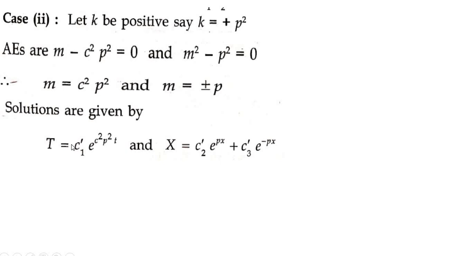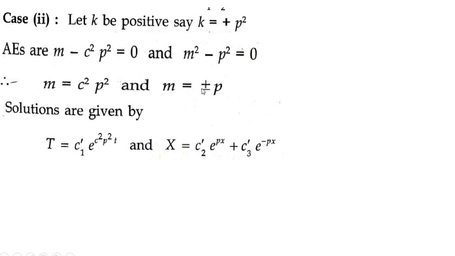Therefore, T is equal to c1 dash, I've used the dash because c1, c2, c3 are already used. You can use c4, c5, c6 also, no problem. So c1 dash into e to the power m into t. This is for t. Now m you have to replace by c square p square. So c1 dash into e to the power c square p square into t, and this is for x, where roots are real and distinct.